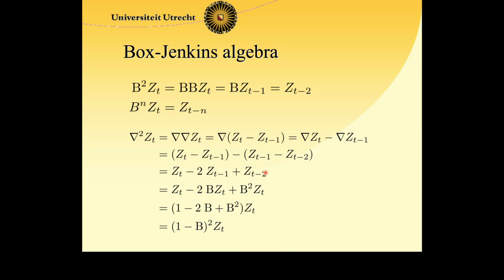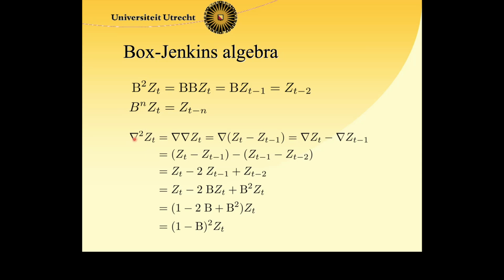Then we can get the B's in again. Zt-1 is B times Zt and Zt-2 is B squared Zt. Factorizing again, taking Zt out of the brackets, we end up with (1 minus 2B plus B squared) Zt, which we can further factorize as (1 minus B) squared.